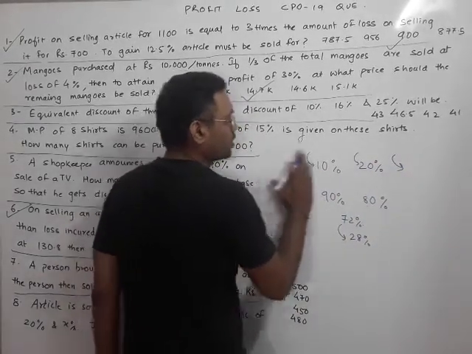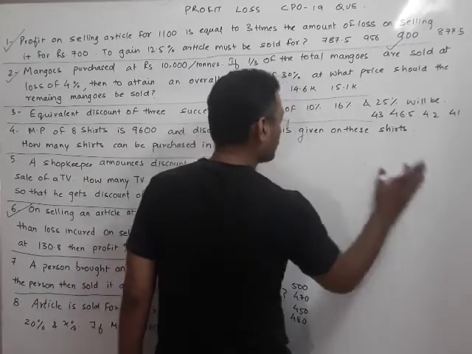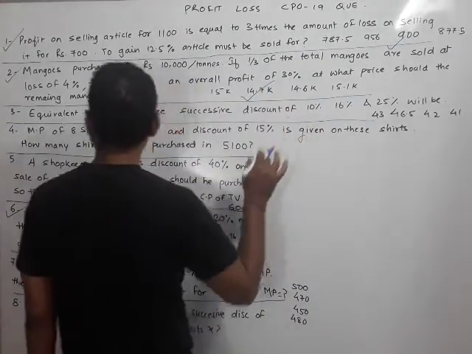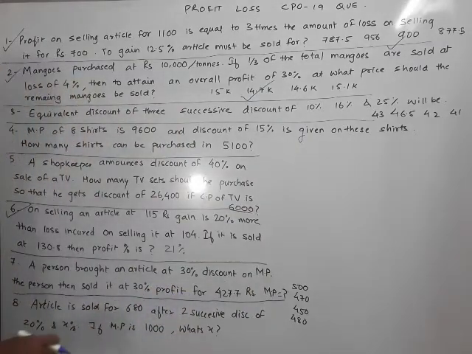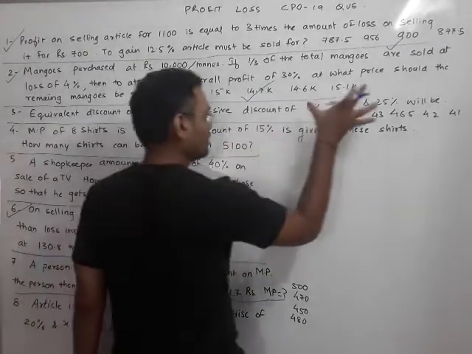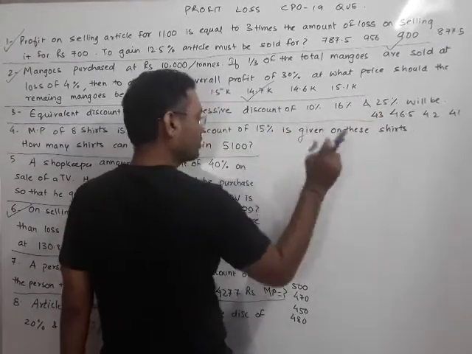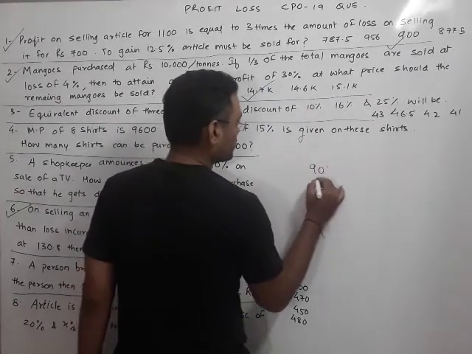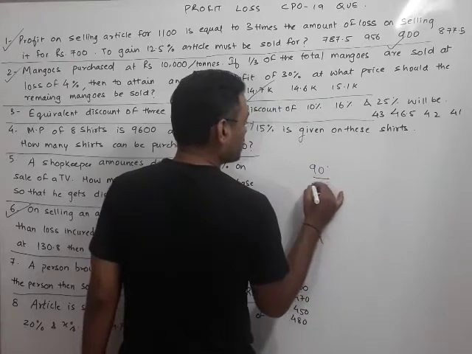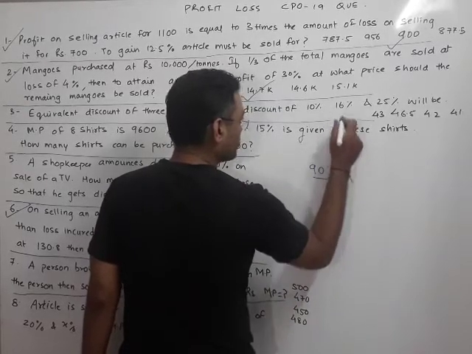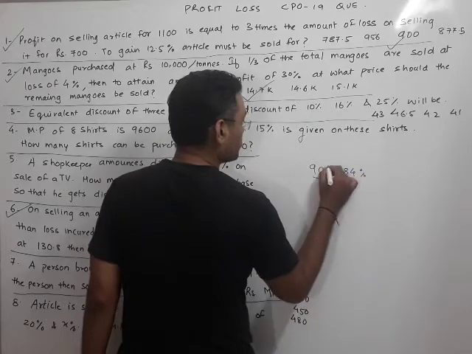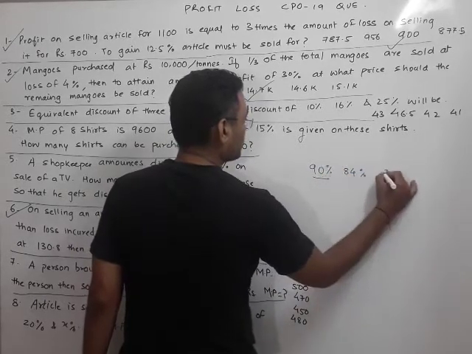Okay, now they are saying the equivalent discount of 3 successive discounts will be equal to 1 single discount of how much? It is 90%, 84% and 75%.